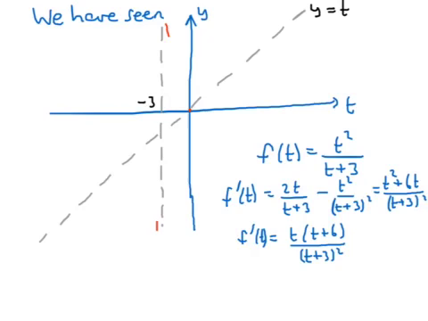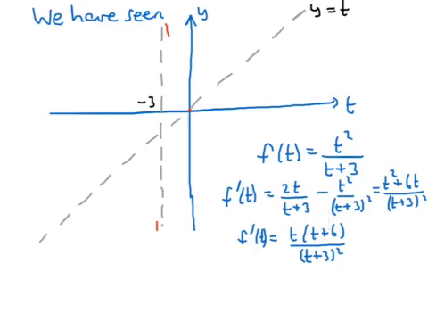Now there is no finite value of t for which the denominator approaches infinity, apart from where t is equal to minus 3, and we've already seen that the function itself does not exist there. So the only places where this is going to vanish, where we might have a maximum or minimum, is when t is equal to 0 and when t is equal to minus 6.